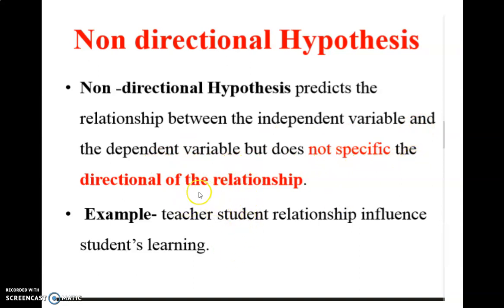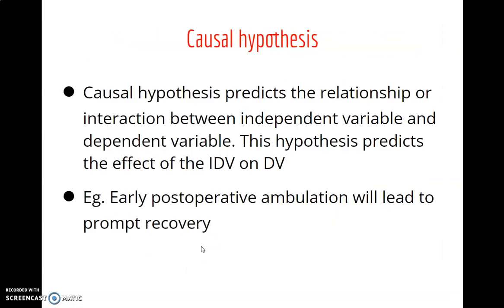For example, here teacher-student relationship influences students' learning, but he did not mention whether it is positively influencing or negatively influencing. So this is called non-directional hypothesis. So if he is not mentioning what kind of relationship exists between these two, then it is called non-directional hypothesis.